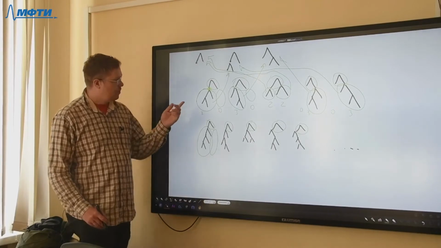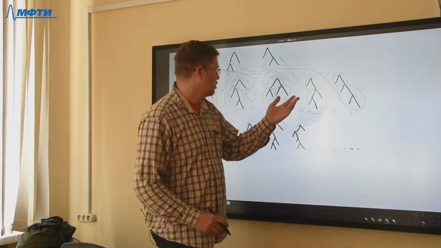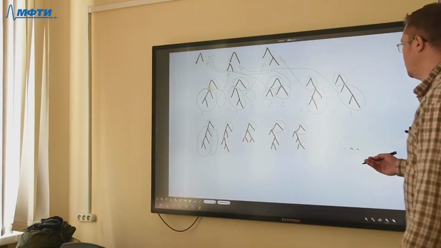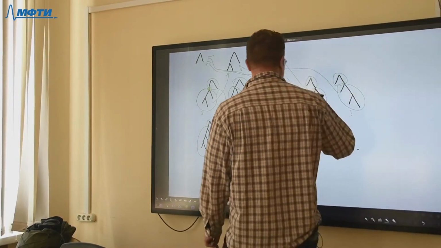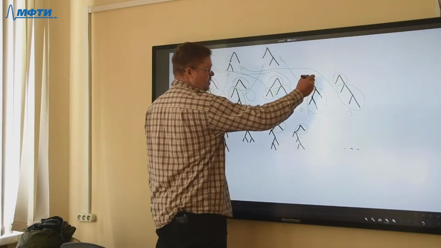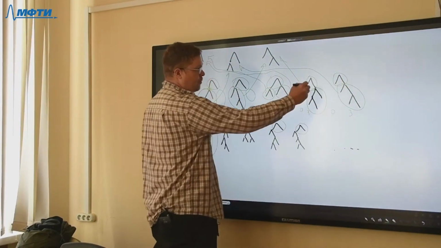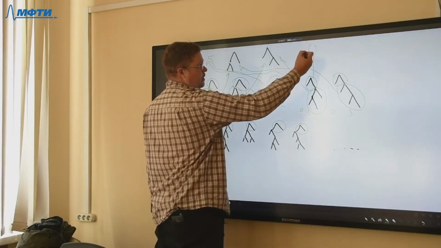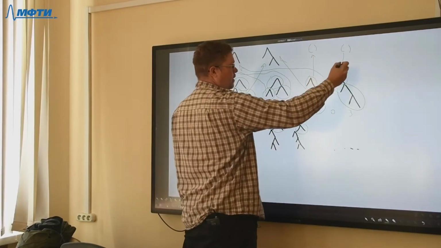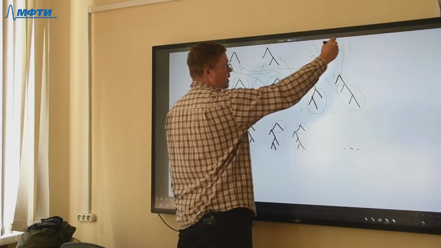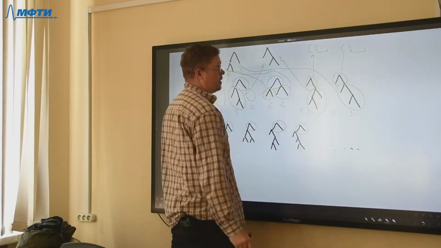So you see this correspondence. For example, this corresponds to the situation when the first brackets end right here, and now I need to write all the brackets outside here.